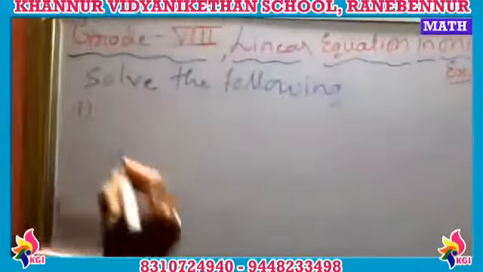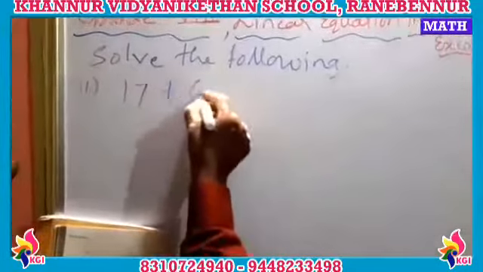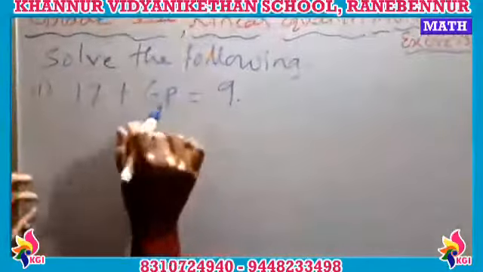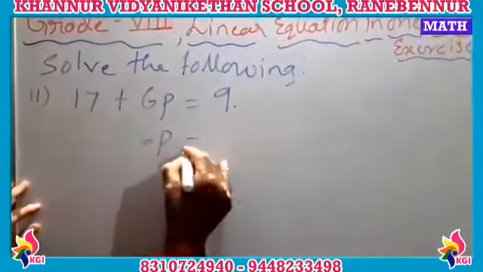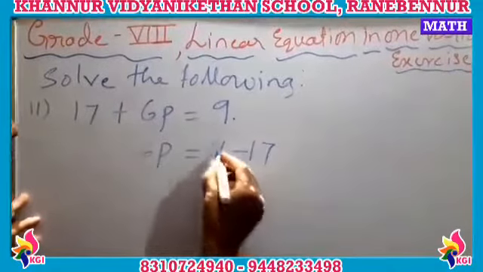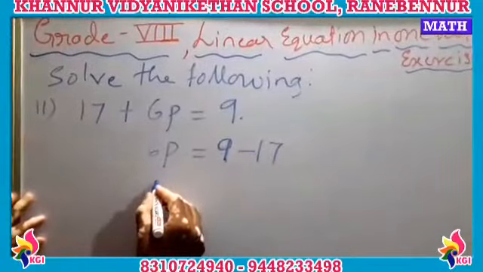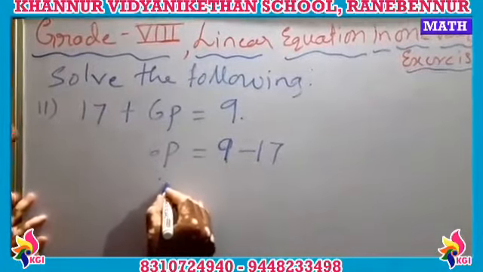Now the 11th is 17 plus 6p is equal to 9. Okay. So next, what I have to do, I want 6p to be over here. 6p is equal to 9 minus 17. I want only p.